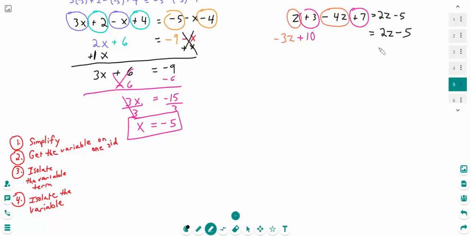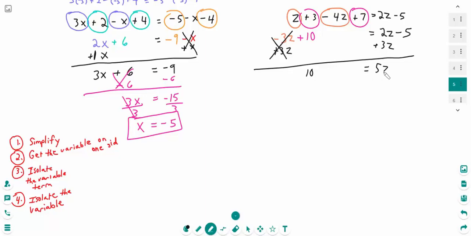Now I can get the variables on one side, and I can pick or choose. Again, I like to get rid of that negative, so we're going to add 3z over here, and we're going to add 3z over here. These will cross out, and we're left with just a 10. And over here we have 2z and 3z.